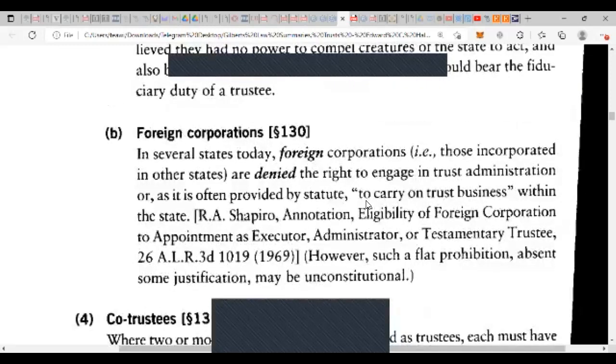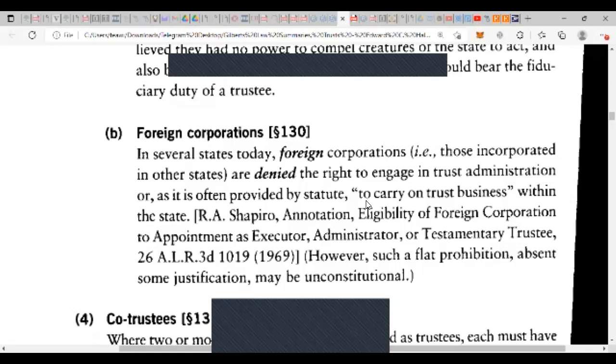B. Foreign corporations, Section 130. In several states today, foreign corporations, i.e., those incorporated in other states, are denied the right to engage in trust administration, or as it is often provided by statute, "to carry on trust business" within the state.